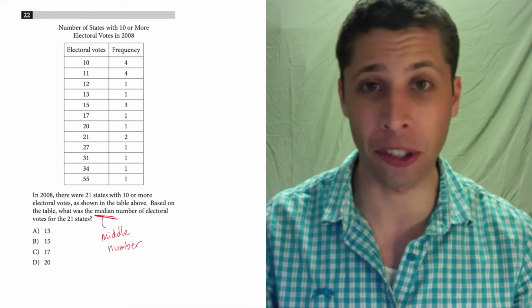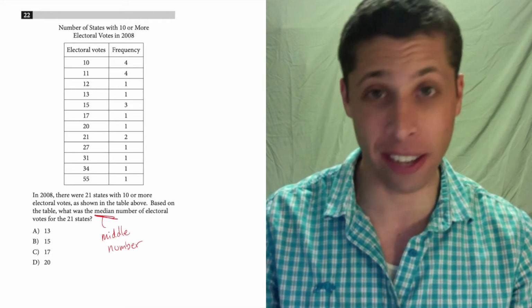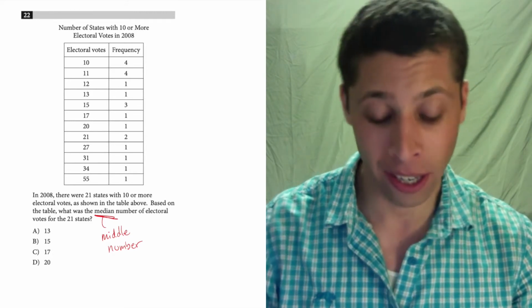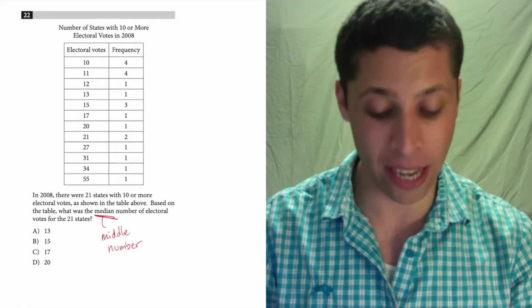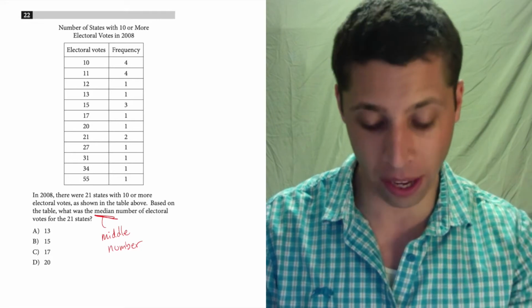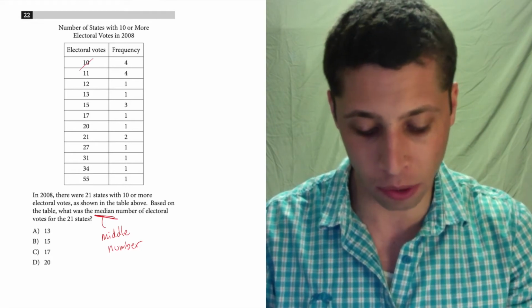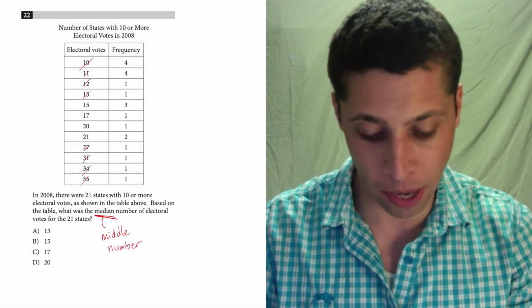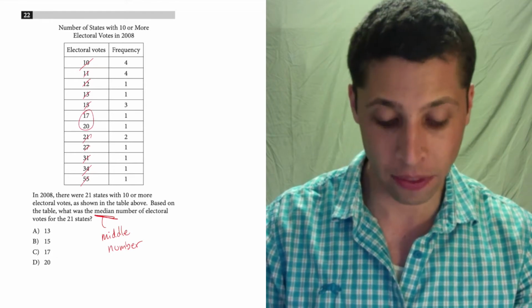There are no exceptions. It could come up, and it is a guaranteed 10 points if it does and you know it. Guaranteed 10 points that you lose if you don't. What most people think about with median is they start just crossing things off, top to bottom, and get to the middle here, 17 and 20.